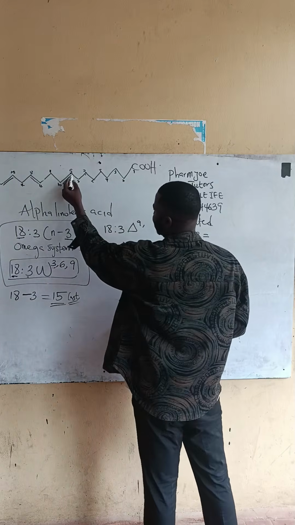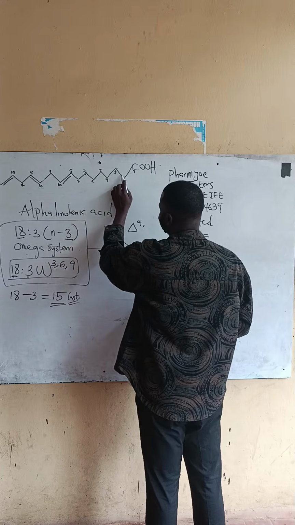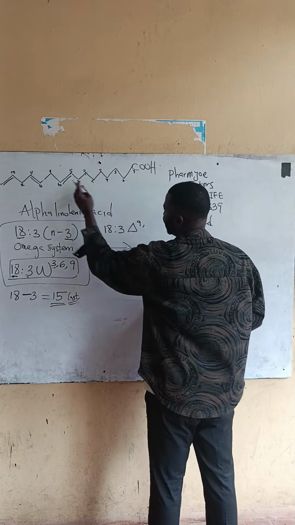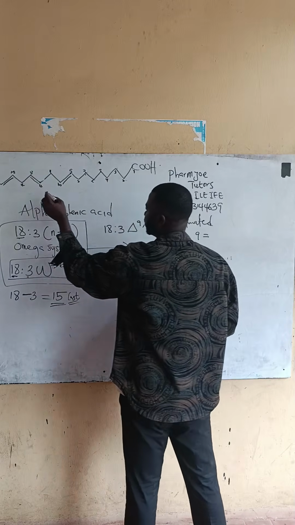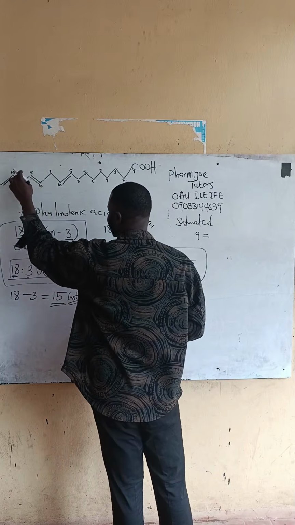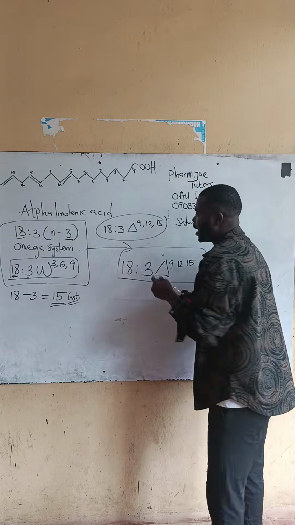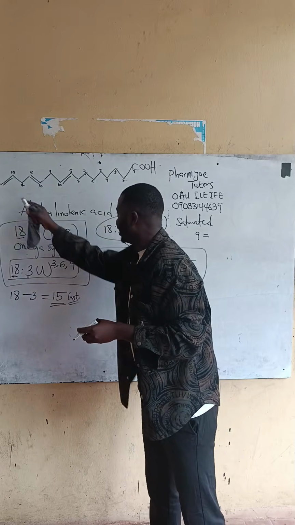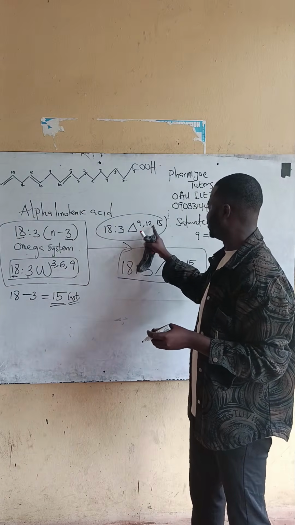Can you see that it gave me 9? From here, 7, 8, 9, 10, 11, 12, 13, 14, 15. So you can confirm that while drawing it following omega 3, it gave me this. When I count it from the front, it gave me 9, 12, 15.